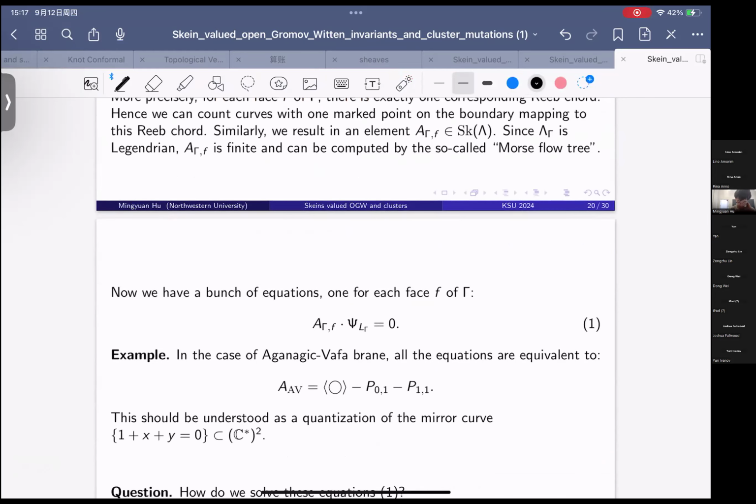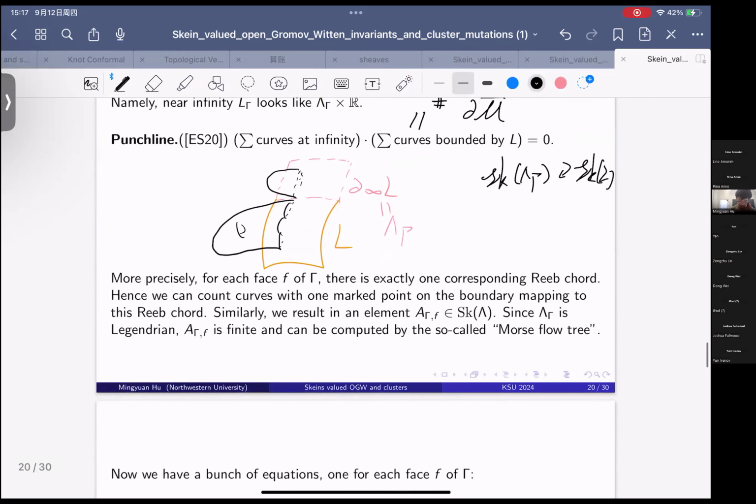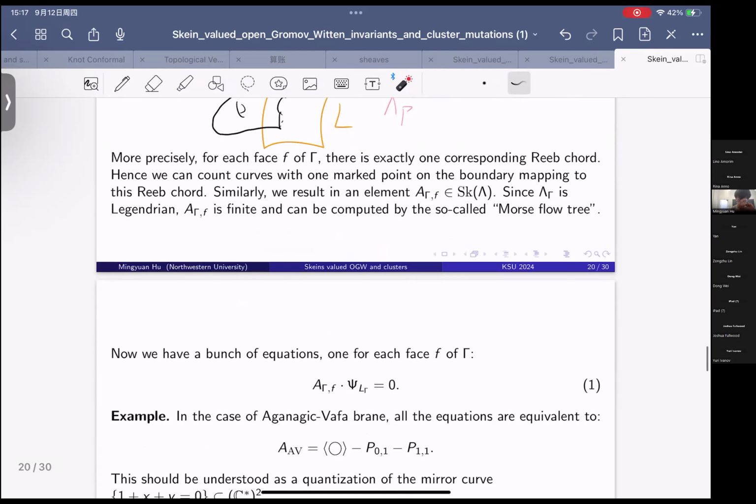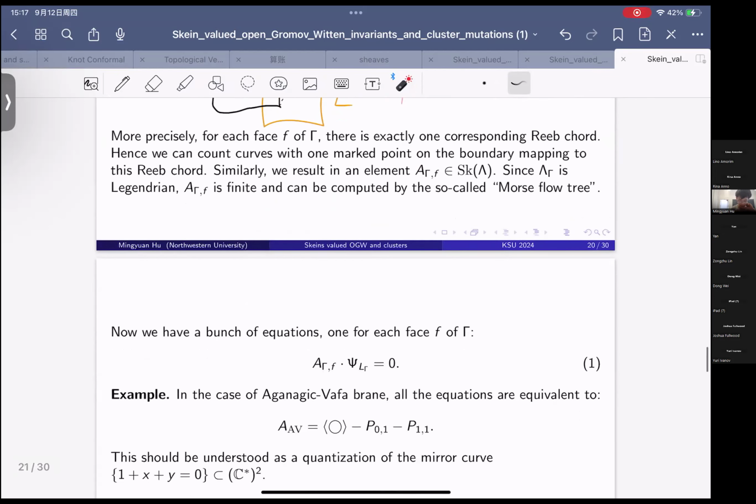Long story short again, because this is exact, when we want to count curves here, we need to fix something called a ripcord. We can count all curves going to that ripcord, and in our case, for each face of gamma there's exactly one ripcord.